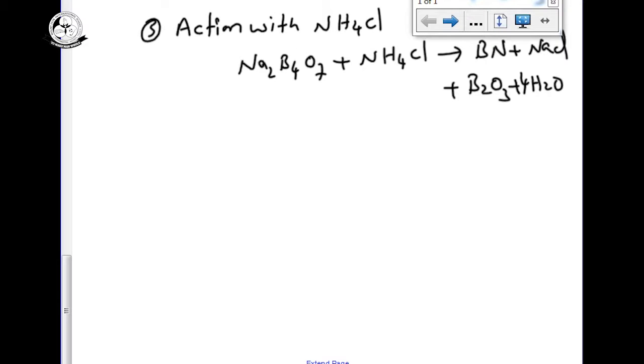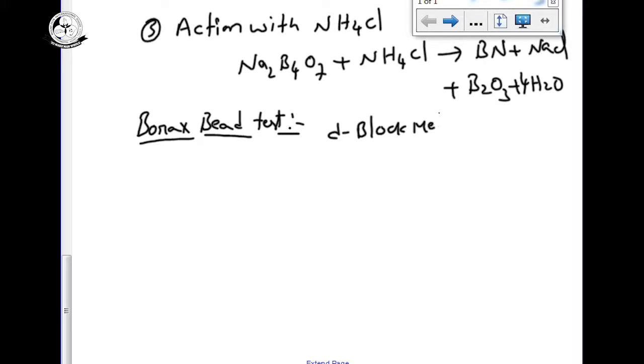The most important reaction regarding borax is the borax bead test. What does the borax bead test mean? If you want to identify the d block metals in a given salt, we use the borax bead test.